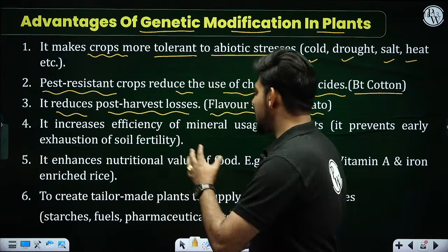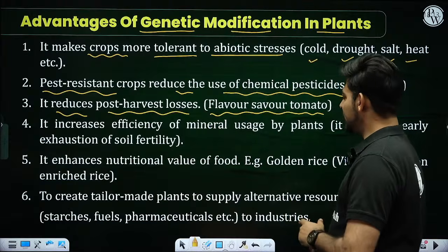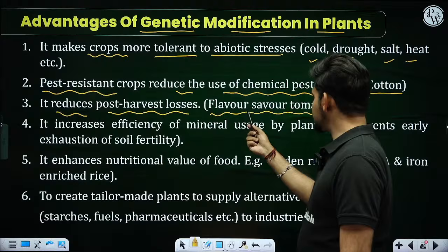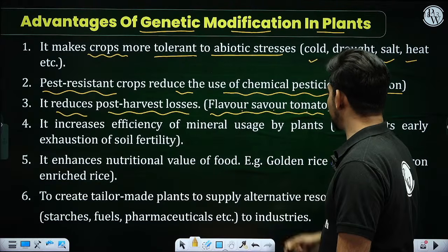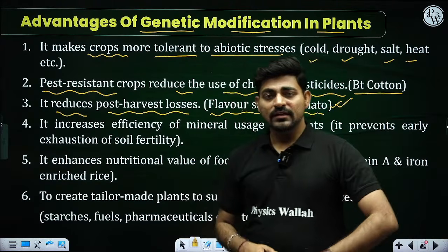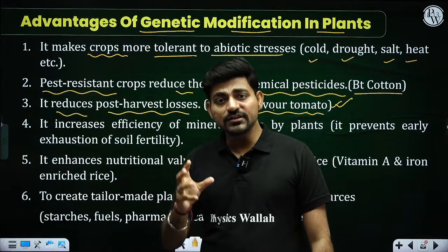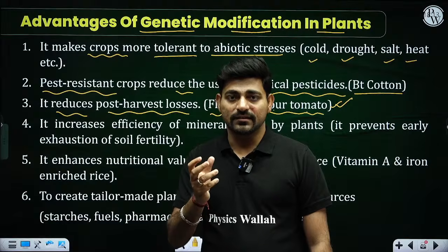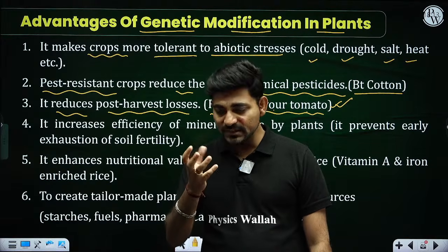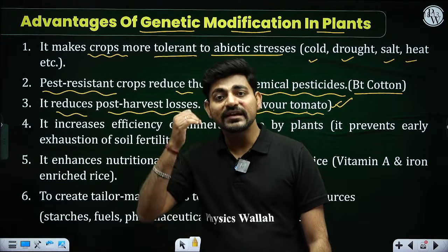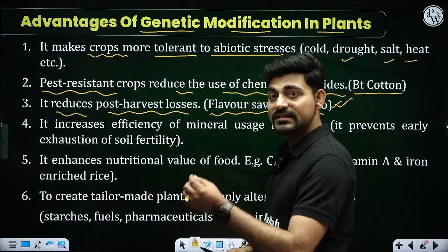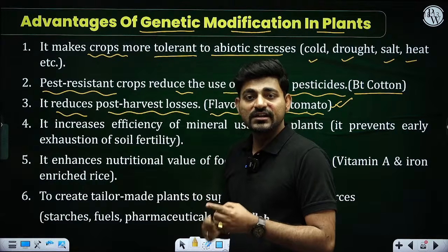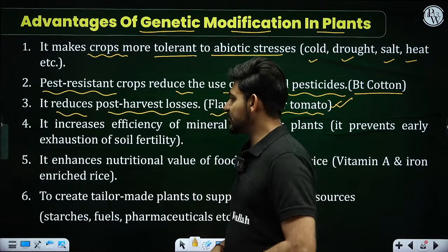Now, with the help of genetic modification, we have produced a genetically modified variety of tomato called flavor saver tomato. Now, the gene which was responsible for early rotting or early damage of these tomatoes has been inhibited by utilizing some rDNA, by following genetic engineering and applying rDNA technology.